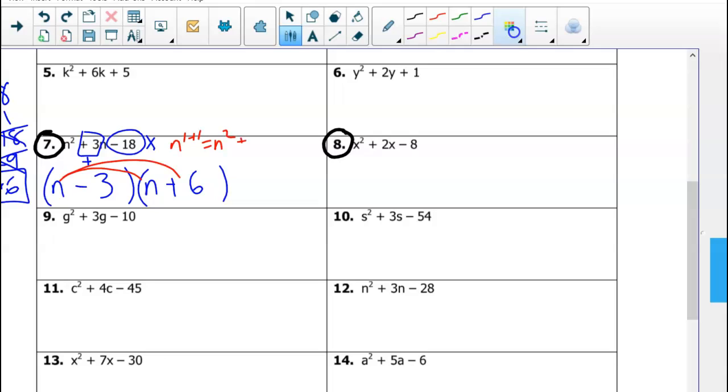N times 6 is 6n. Negative 3 times n is negative 3n. Negative 3 times 6 is negative 18. I have like terms, n squared plus 3n, because it's still positive, minus 18, which is what I got originally. So this factored form is correct.